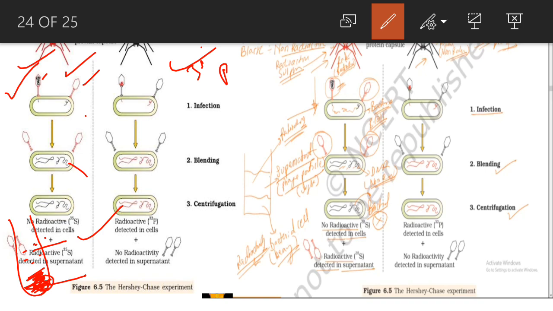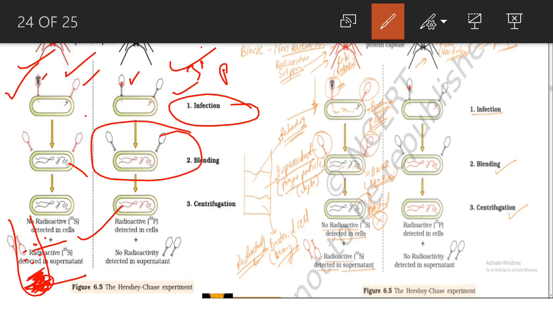In the other case, now this is the bacteriophage where the DNA is labeled. First the bacteriophage attaches to the E. coli, then the genetic material passes in; that step is known as infection. Then blending is done, where both viruses and bacteria are blended. Then centrifugation is done.